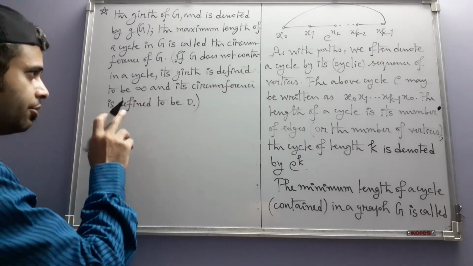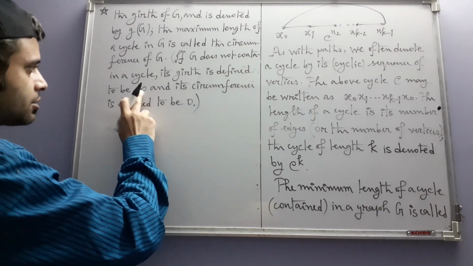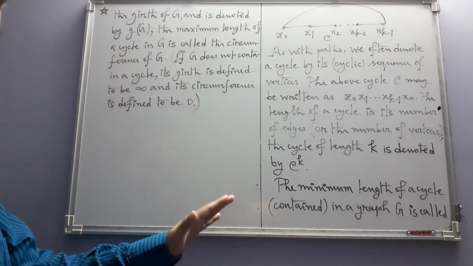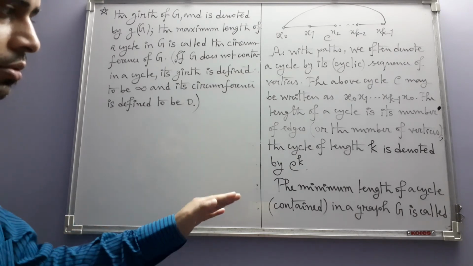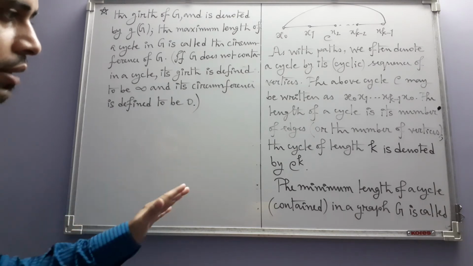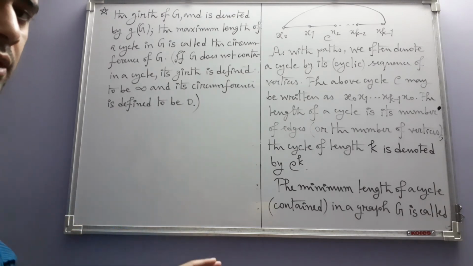I say it looks strange because according to the ordinary definition of the notions of girth and circumference, girth is the minimum possible length and circumference is the maximum possible length.